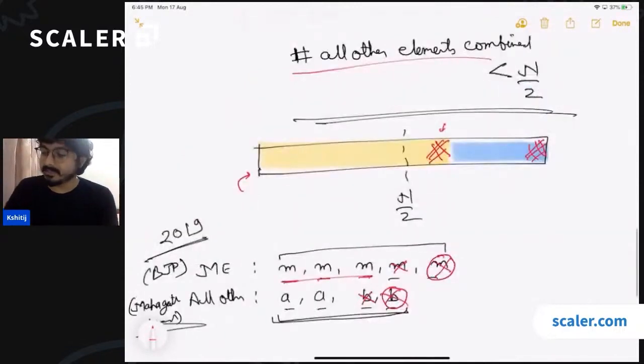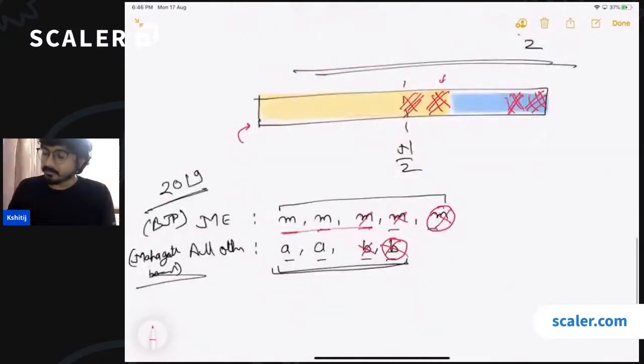So what we have done here is we have removed one occurrence of the majority element, and with that we have also removed one occurrence of a non-majority element. Again, if you do the same thing, you can see that BJP still remains in power. If you remove 2 more constituencies, we have only one constituency left, which is of BJP.